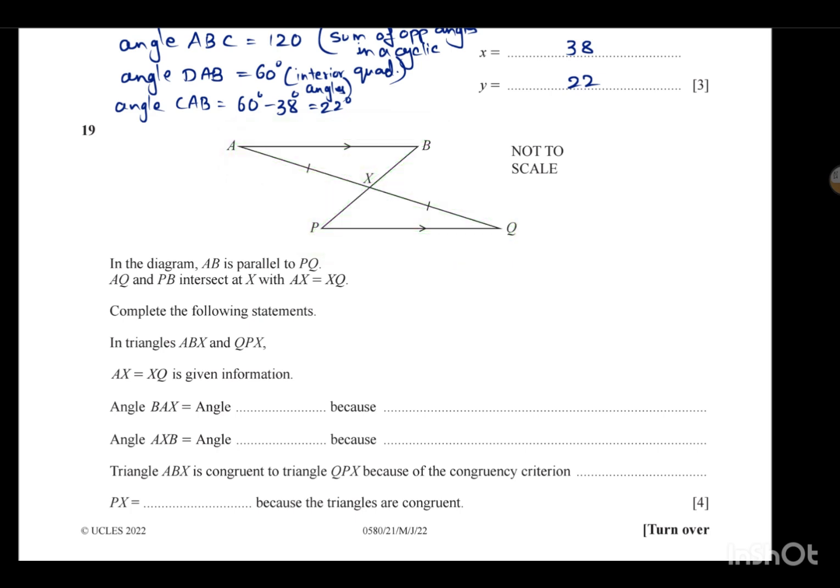AX is equal to XQ is given information. It's already given that these two lines are equal, that is AX and XQ. Angle BAX, this angle, is equal to which angle? Now these two are parallel, so this will be the transversal.